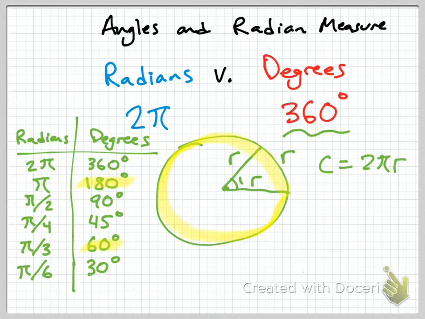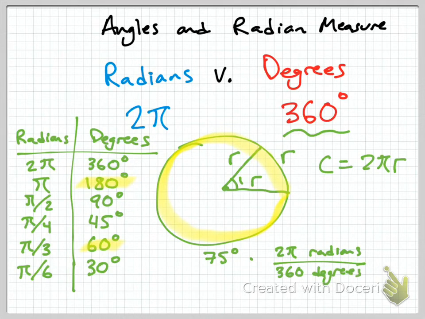But if we want to convert, let's say we have 75 in degrees, we could multiply it by 2 pi radians over 360 degrees. What you'll see is the units of the degrees will cancel. And actually, this could simplify to just pi over 180.